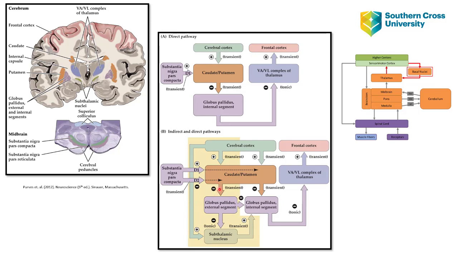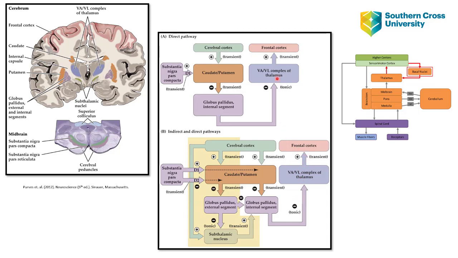If we also drive inhibition of our globus pallidus from the caudate and putamen, we then inhibit this inhibitor, which means there's less inhibition of the subthalamic nucleus, more excitation onto the globus pallidus internus, more inhibition. So once again, we get a ramping down of the amount of excitation.